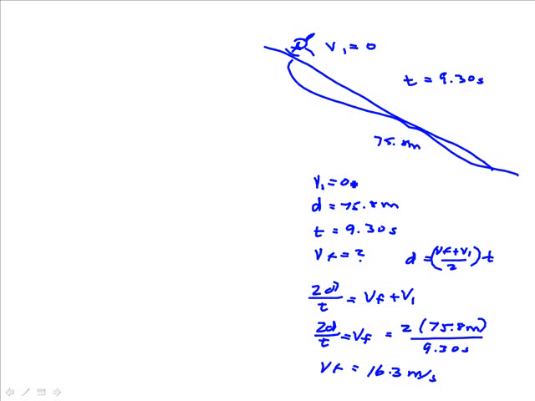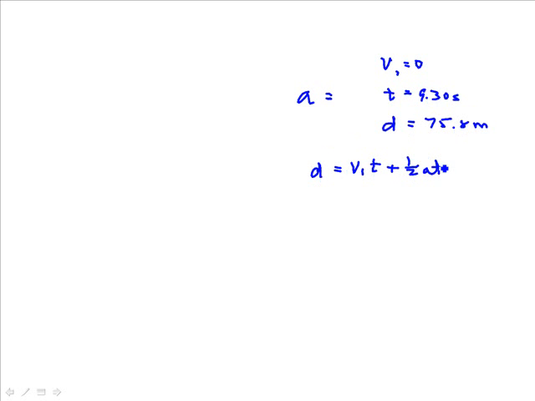Now, what's the acceleration? Well, the initial velocity is 0, the time of flight is 9.30 seconds, and the displacement was 75.8 meters. Then our equation D equals VI T plus 1/2 A T squared works because the initial velocity is 0.